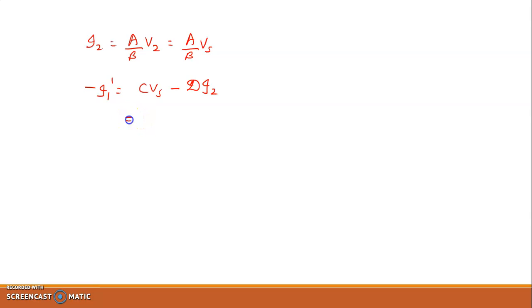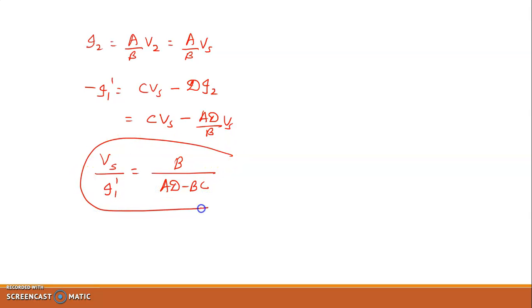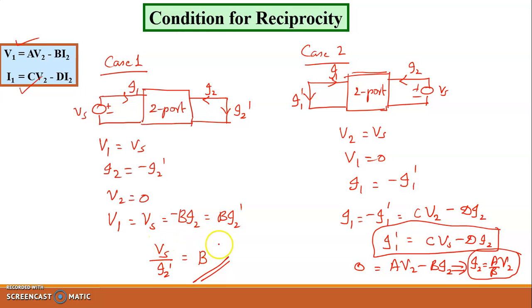If I substitute for I2 here, I can write C into Vs minus AD by B into Vs. That means I can solve for the ratio Vs by I1 dash is equal to B divided by AD minus BC. And Vs by I2 dash is equal to B.